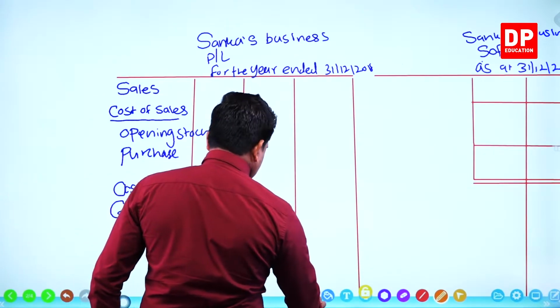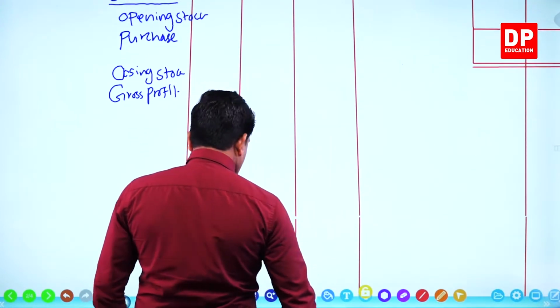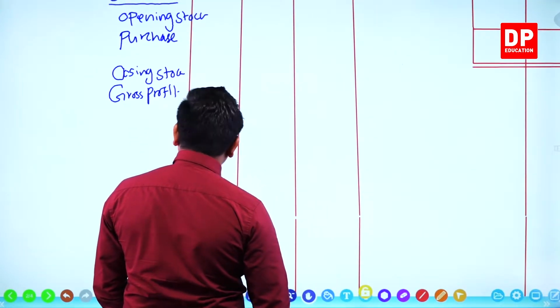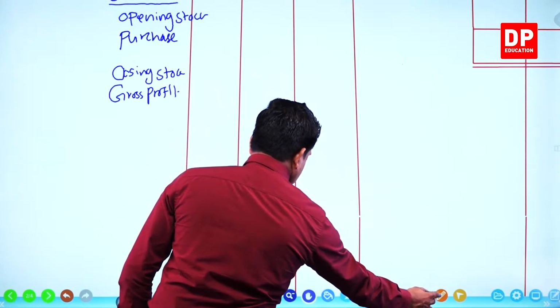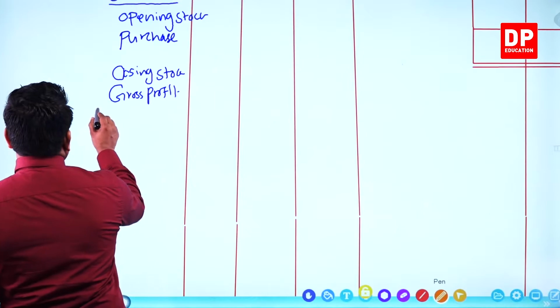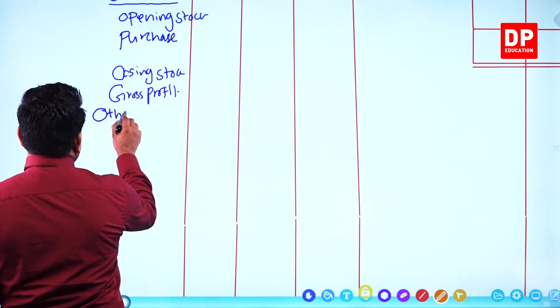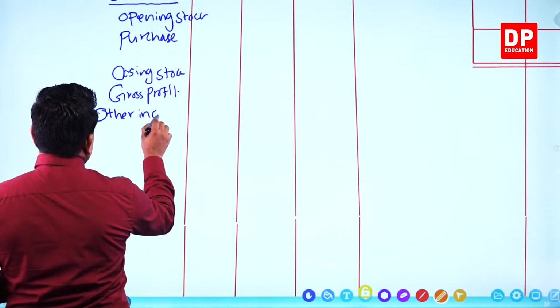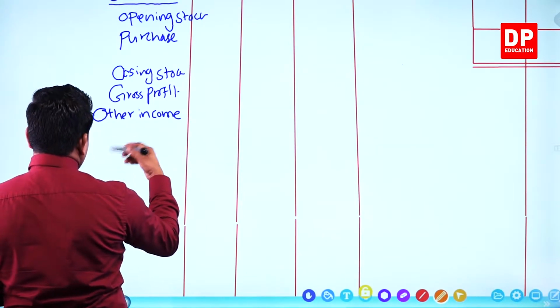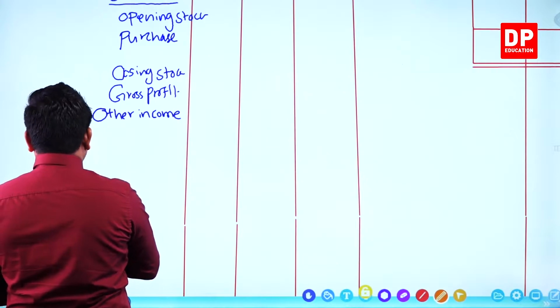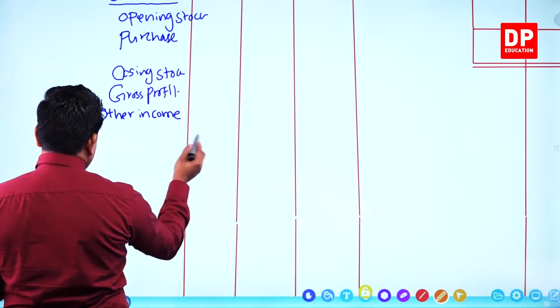Right, after that other income, we enter other income. Under the other income, we can write discount received or any other income if we have. So I remember only one income we had.